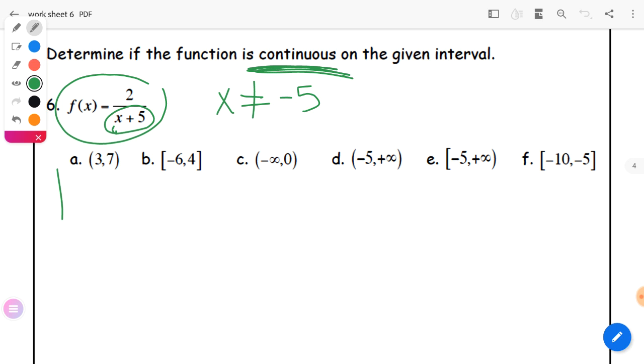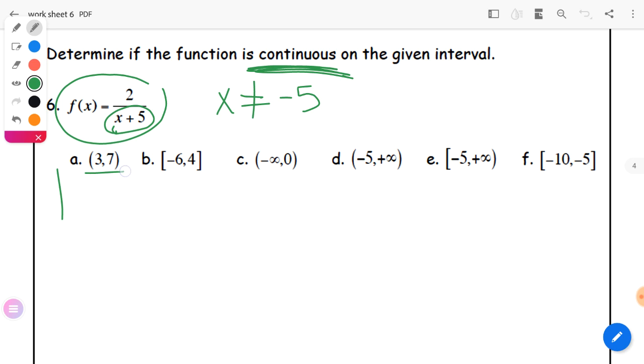I told you before, any function is continuous on an interval if it is continuous at every point in this interval. If the function is discontinuous at at least one point in this interval, it will be discontinuous.